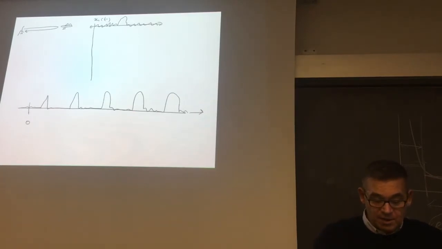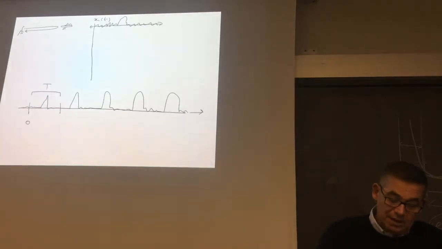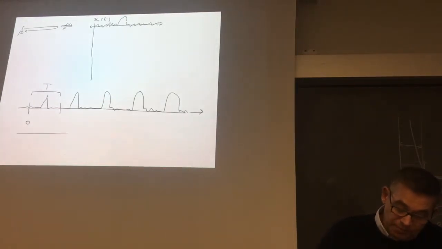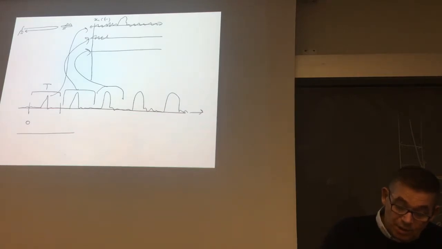Since I know that the zero is here, I segment this time window t, and I move one on the top of the other. I put this one here, the second here, the third here, and so on. So I have a set of signals with a lot of noise.